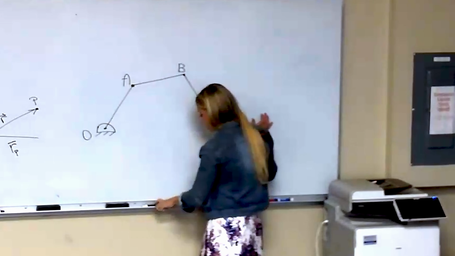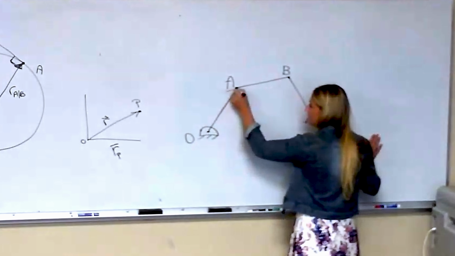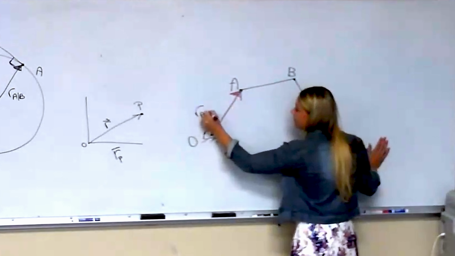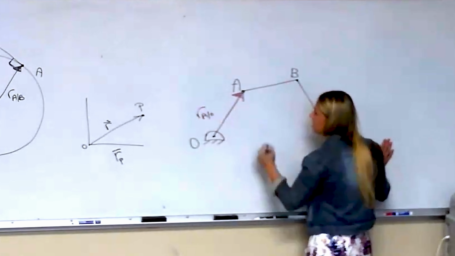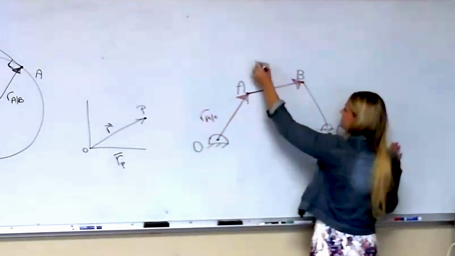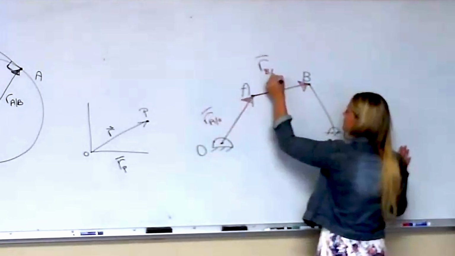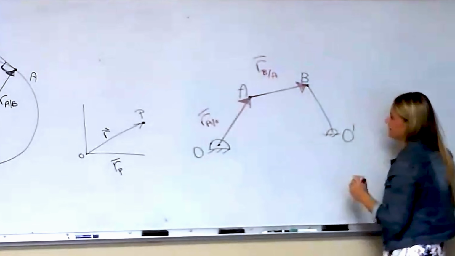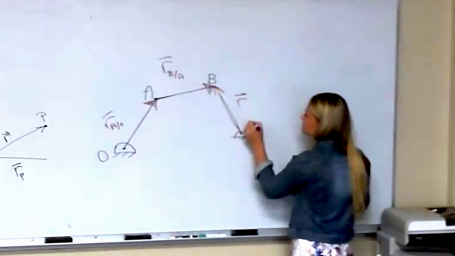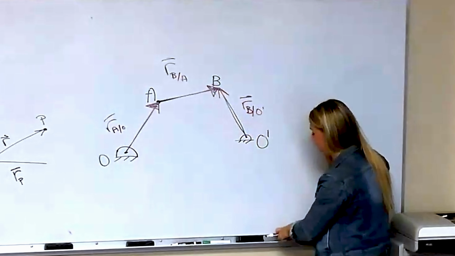If I want a vector like this, that would be RA with respect to O. If I have a vector here, this is going to be RB with respect to A. And again, if I go here, it would be a vector RB with respect to O prime.